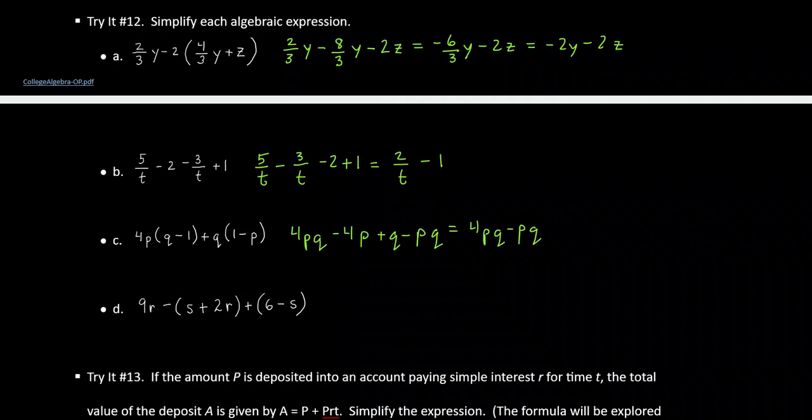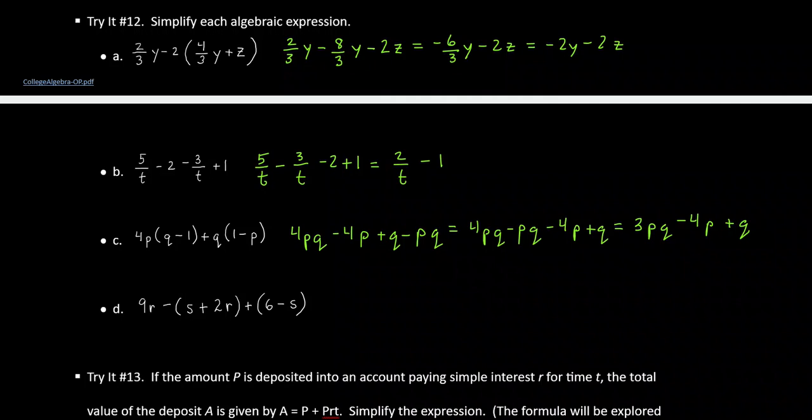Put those together, and then you have -4p plus q left. 4 minus 1pq gives you 3pq minus 4p plus q. They have to look exactly the same, and none of these are exactly the same, so you can't simplify any further.